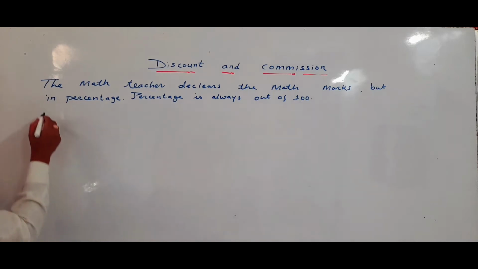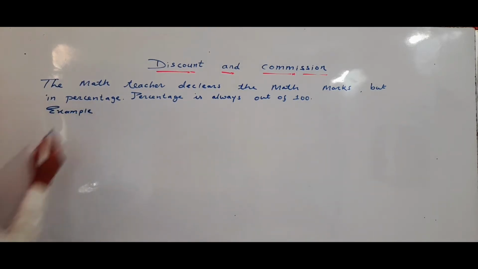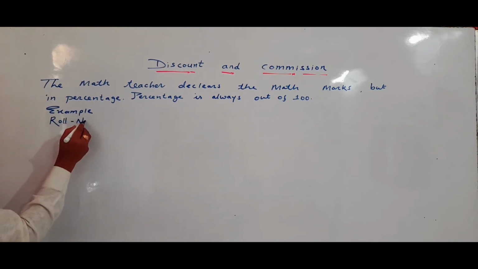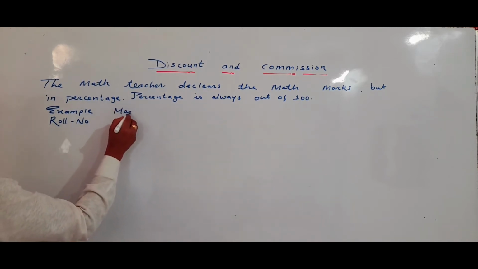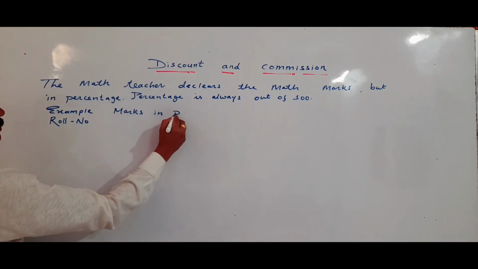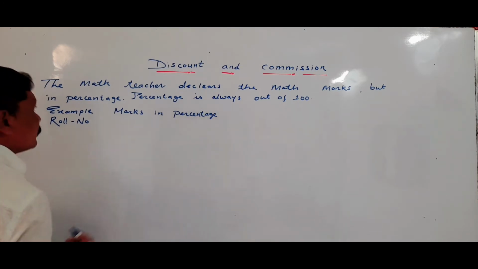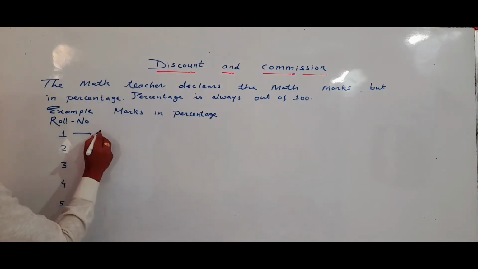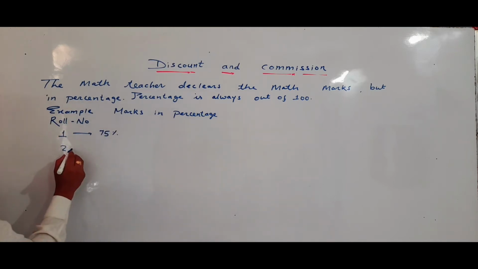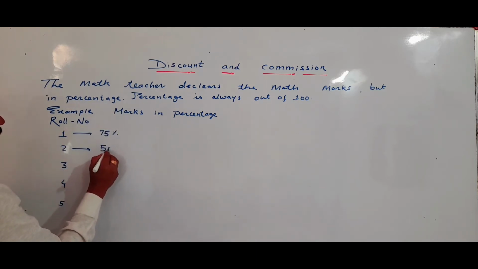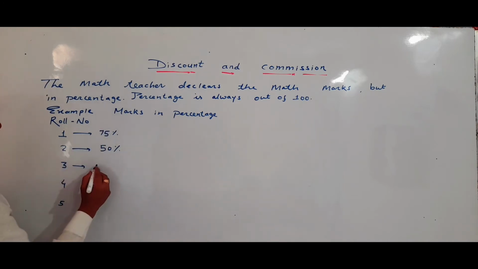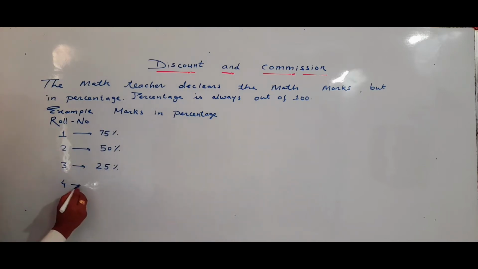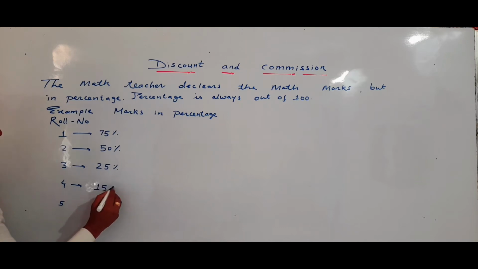Example: roll number 1 got 75%, roll number 2 got 50%, roll number 3 got 25%, roll number 4 got 15%, roll number 5 got 10%.